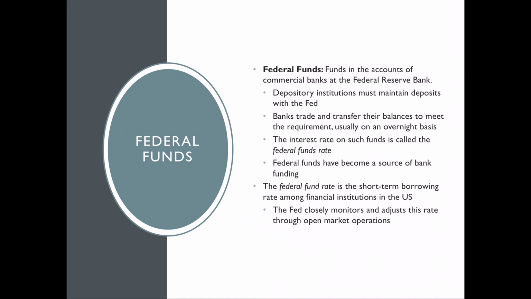And monetary policy is simply controlling the amount of money in the economy. Now, most investors cannot participate in the federal funds market due to its nature, but the federal funds rate is something that is key within the economy, something to monitor, and the Fed does monitor this federal funds rate.